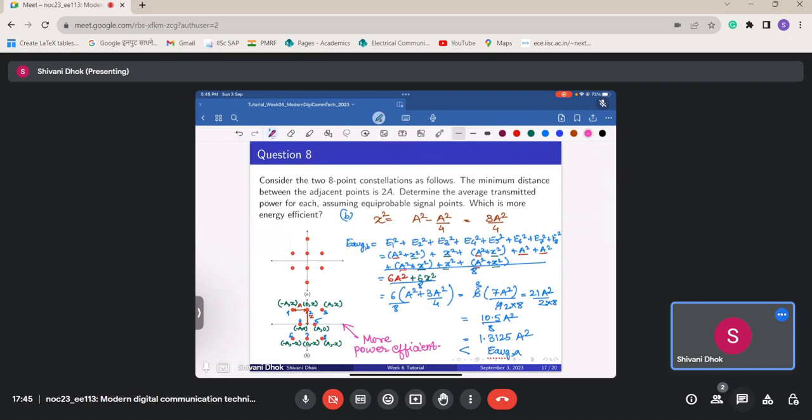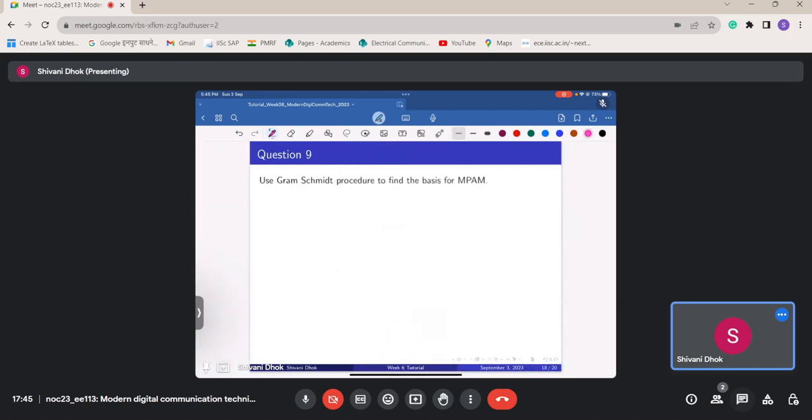Okay, if there are no questions, then let's go ahead for the next question. So what it says is we need to use the Gram-Schmidt orthogonalization procedure to find an orthogonal basis for MPAM.